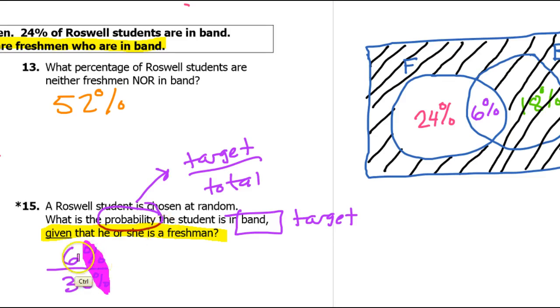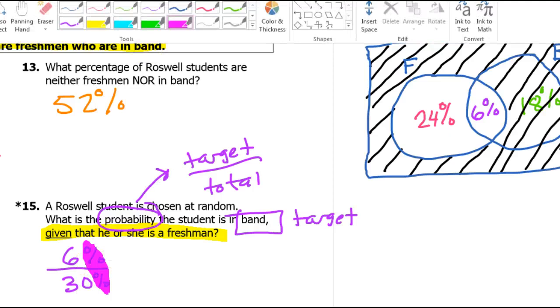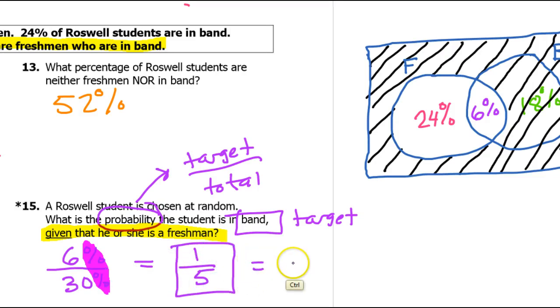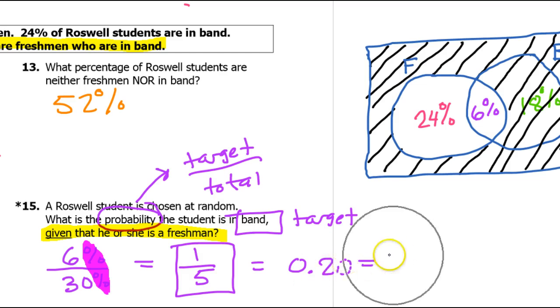It's really going to be 6 over 30, and I'm going to reduce that. 6 over 30 reduces down to 1/5. As a decimal, that is 0.2. Moving the decimal point twice, because there's an invisible 0 right here, this is going to be 20%.